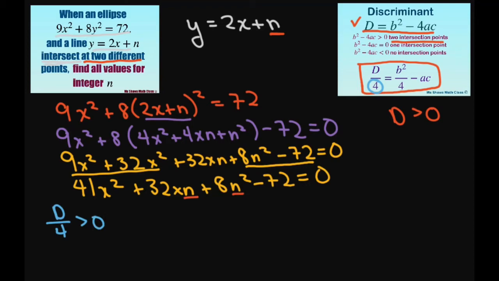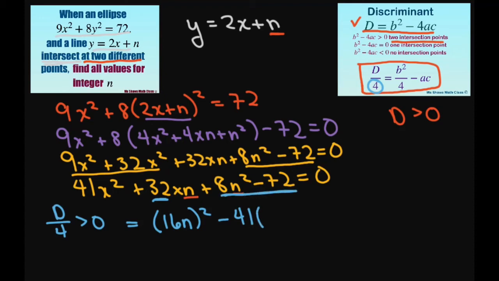So that's going to give you for your b, that's this part, and we're taking b squared divided by 4. So that's going to end up being 16n squared, and then you're going to have minus a times your c.